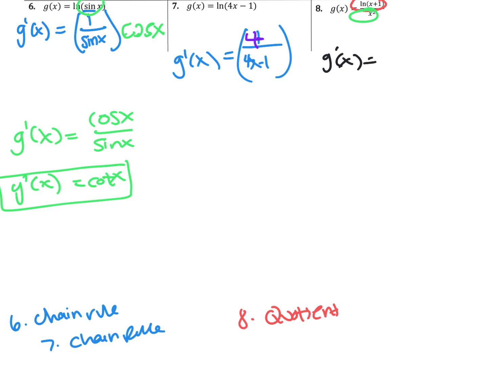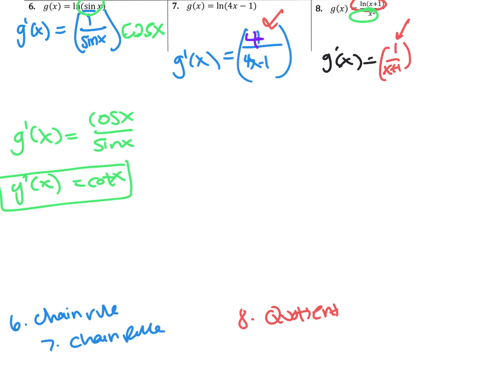So the derivative of the outside, natural log, is 1 over x plus 1 times the derivative of the inside is just 1. So over here, we had to have a 4 in the numerator. Over here, we get to keep a 1 in the numerator because the derivative of the inside function is just 1. So there, in red, is the whole derivative of our numerator.